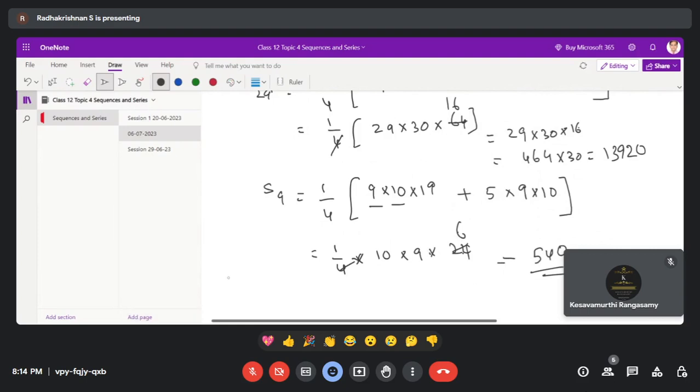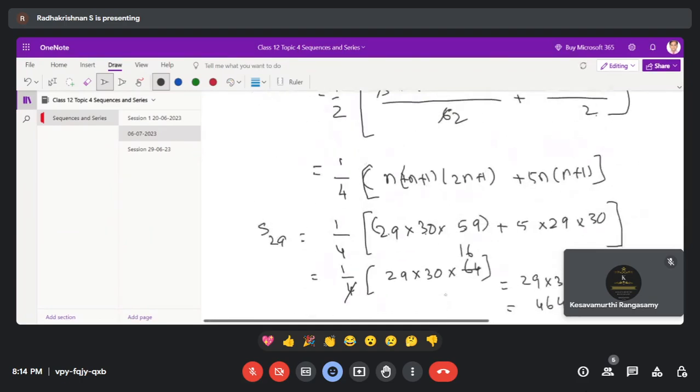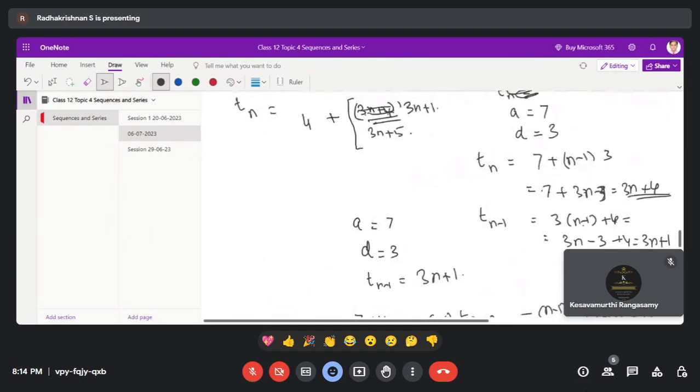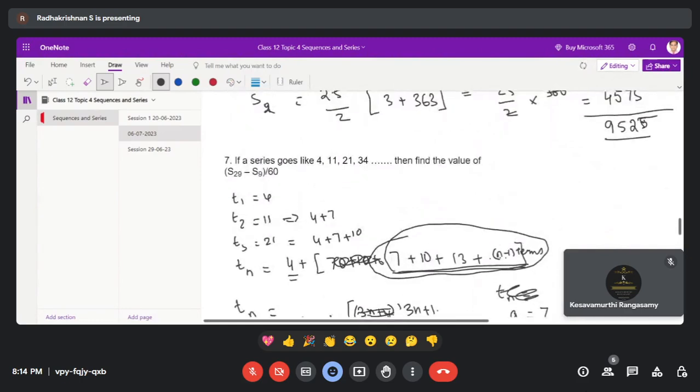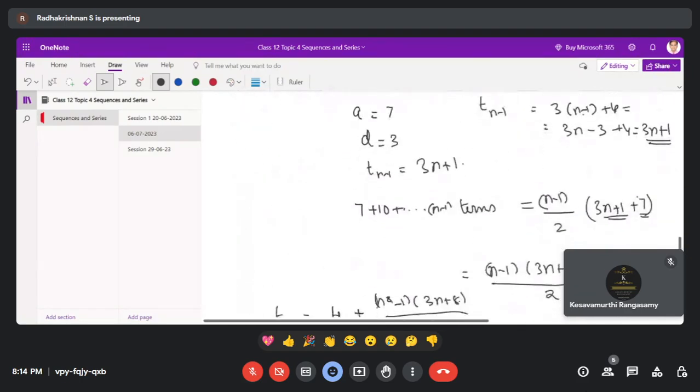Okay, so what is asked is S29 minus S9. 13,380, right? S29 minus S9 whole divided by 60.